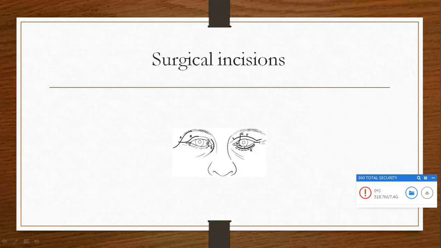D is the transcaruncular incision. Through the caruncle or conjunctiva, you can take the incision and enter into the medial part of the orbit. Tumors which are medial to the globe but lateral to the medial rectus can be approached by this incision. The next incision is E, the Lynch incision.